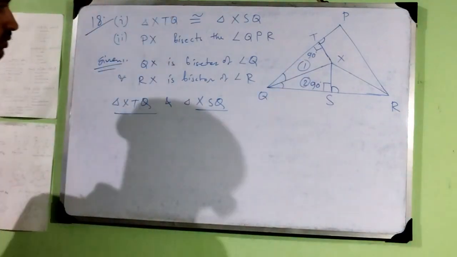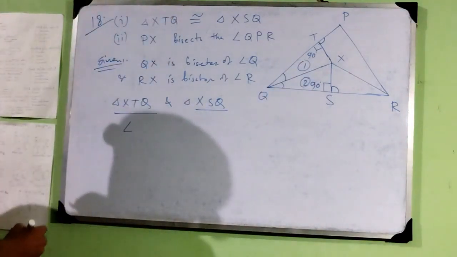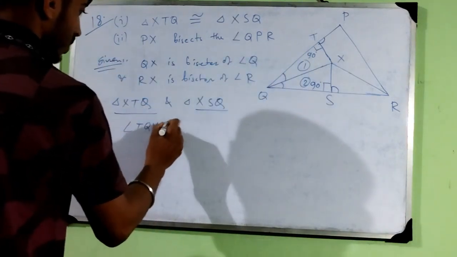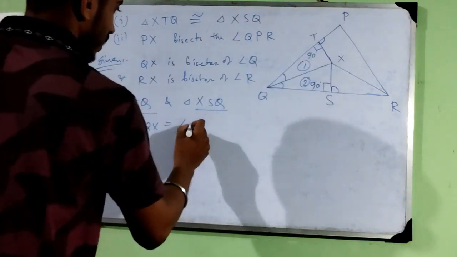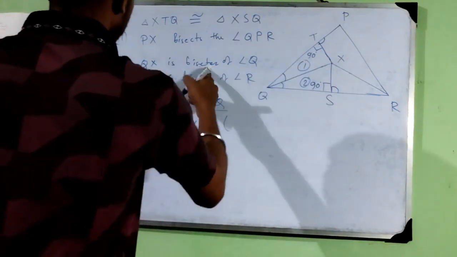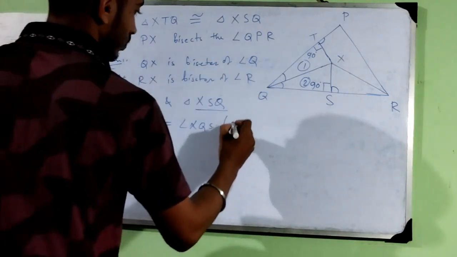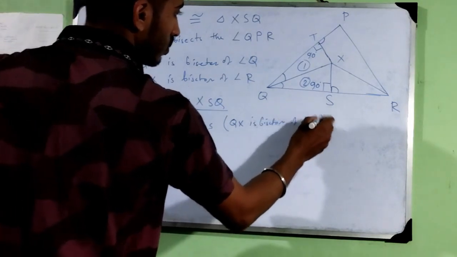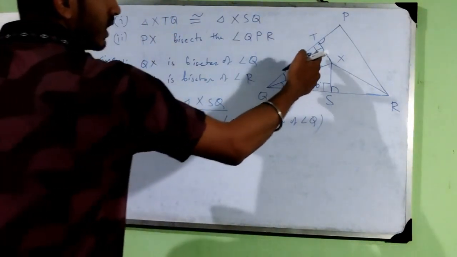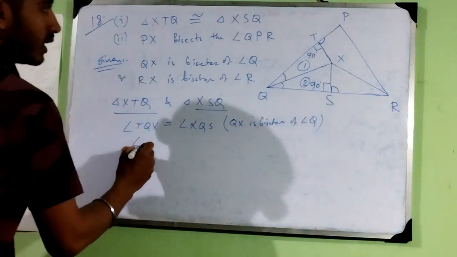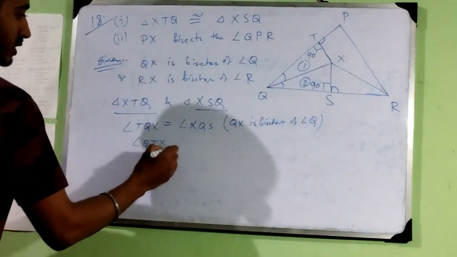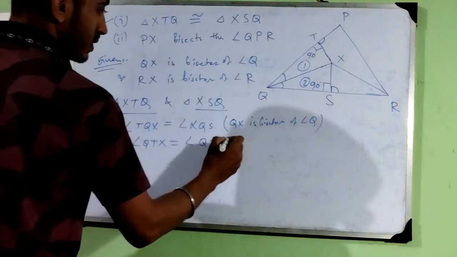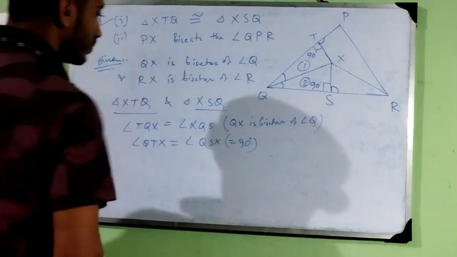We write angle TQX equal to angle XQS, because it is given that QX is the bisector of angle Q. Again, it is given that this angle and that angle are 90 degrees, so angle QTX equals angle QSX equals 90 degrees.